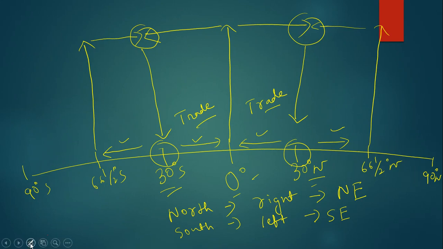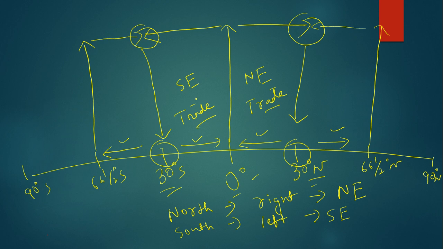Another very interesting thing is that in the northern hemisphere we can write it as the northeast trade wind, and it is the southeast trade wind in the southern hemisphere. So if the question comes why the wind direction is deflected, it is because of the Coriolis force.